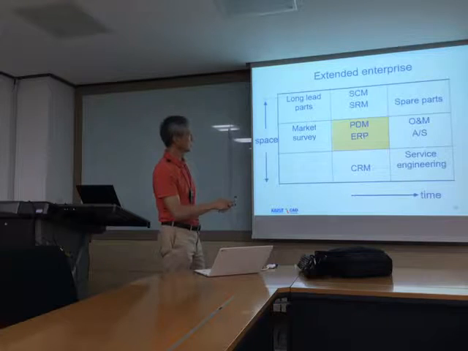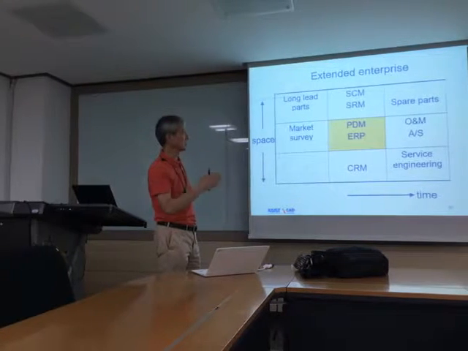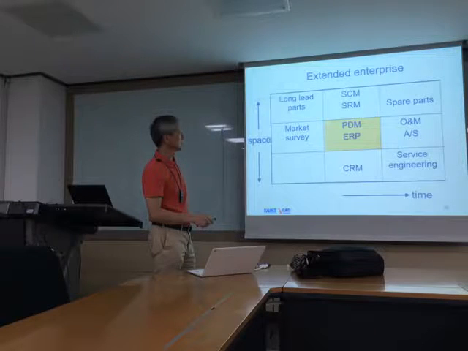So in Hyundai Kia factory e-manufacturing, yesterday we talked about these, and also some of the CRM and SCM. Now we should see the market survey, operation and maintenance, after-service engineering, and spare parts for AS.